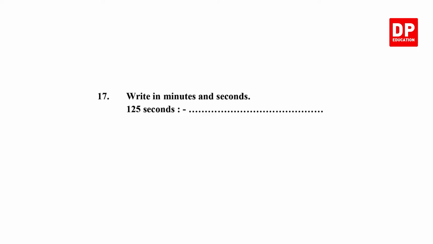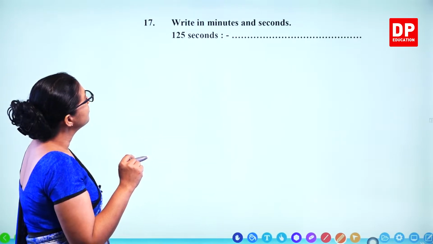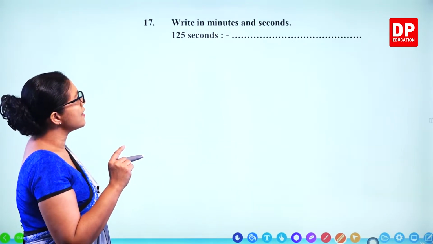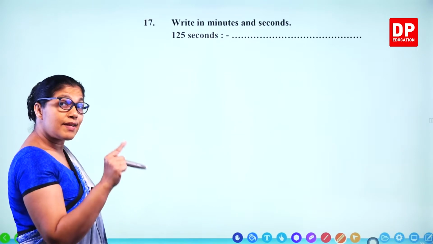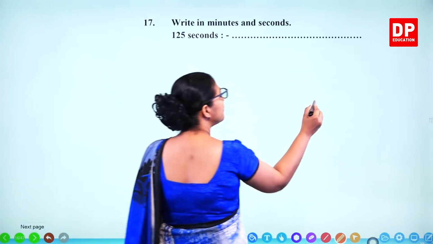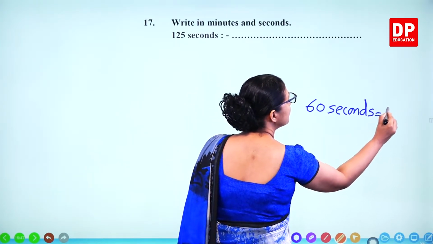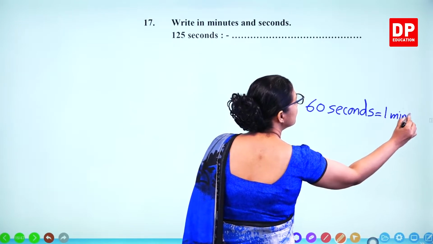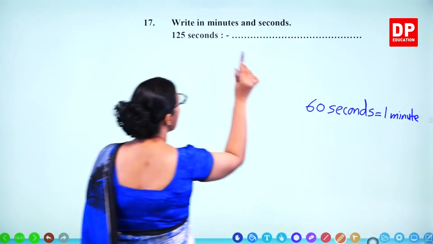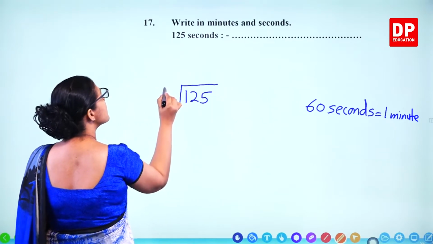Question number 17. Write in minutes and seconds. 125 seconds. So what's the relationship? 60 seconds, 1 minute. Then divide by 60, 125 divided by 60.